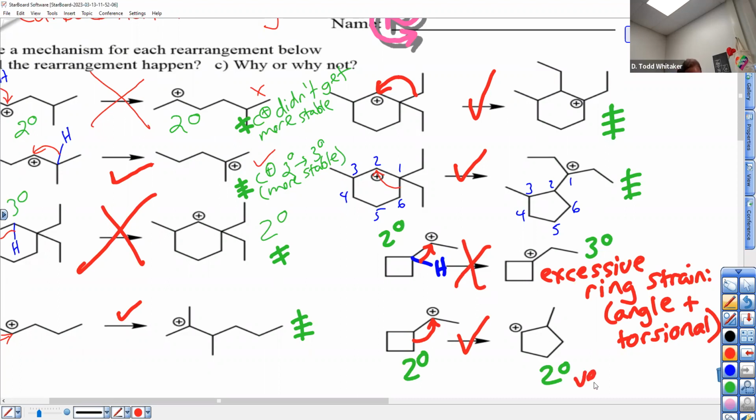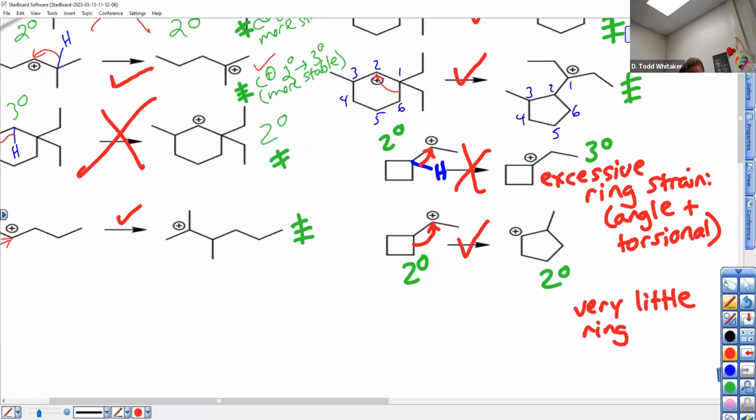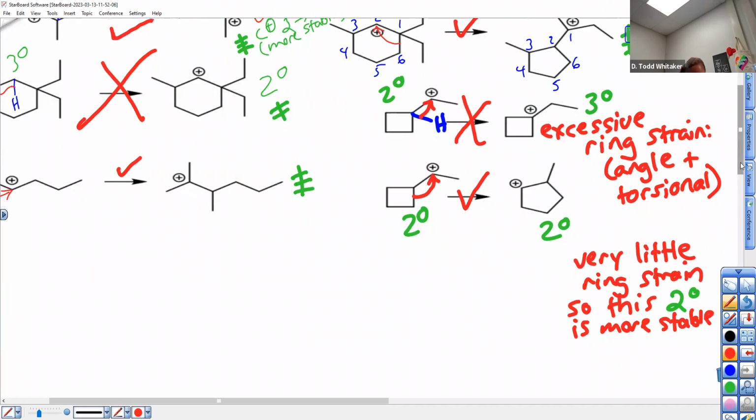Very little ring strain. So this secondary is more stable than the original.